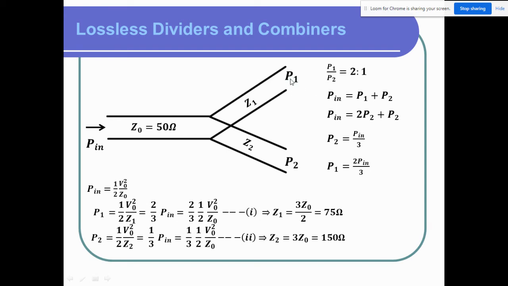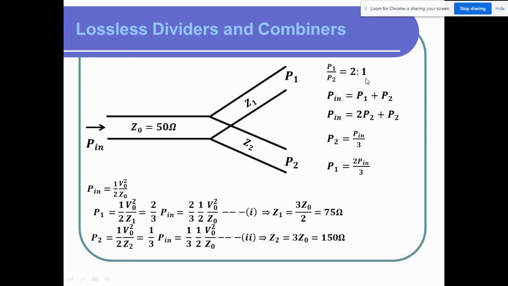So P1 is 2 parts of P in, and P2 is 1 part, the third portion of the P in. So the P1 and P2 ratio is 2:1. But we also know that the total power of these two ports is coming from here, right? So theoretically, P in is equal to P1 plus P2.